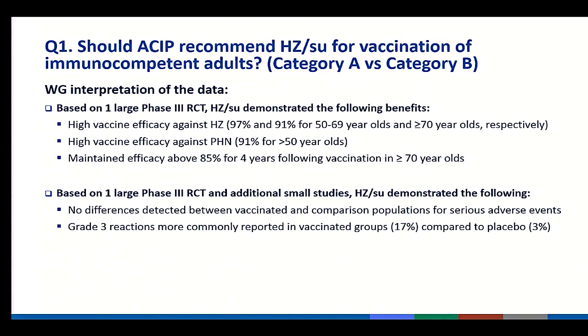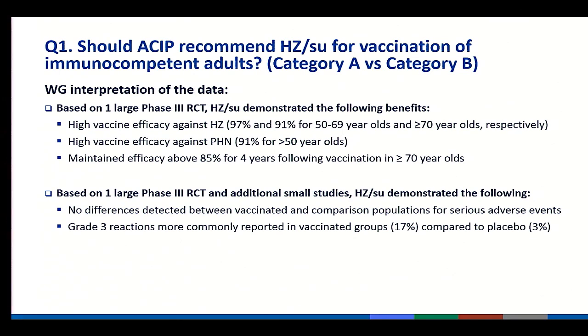There was high vaccine efficacy against herpes zoster, 97 and 91% for 50 to 69 and those over 70 respectively. There was high vaccine efficacy against post-herpetic neuralgia, 91% for people 50 and older. Additionally, the vaccine maintained high efficacy, more than 85% for the 4 years following vaccination among individuals 70 and older.